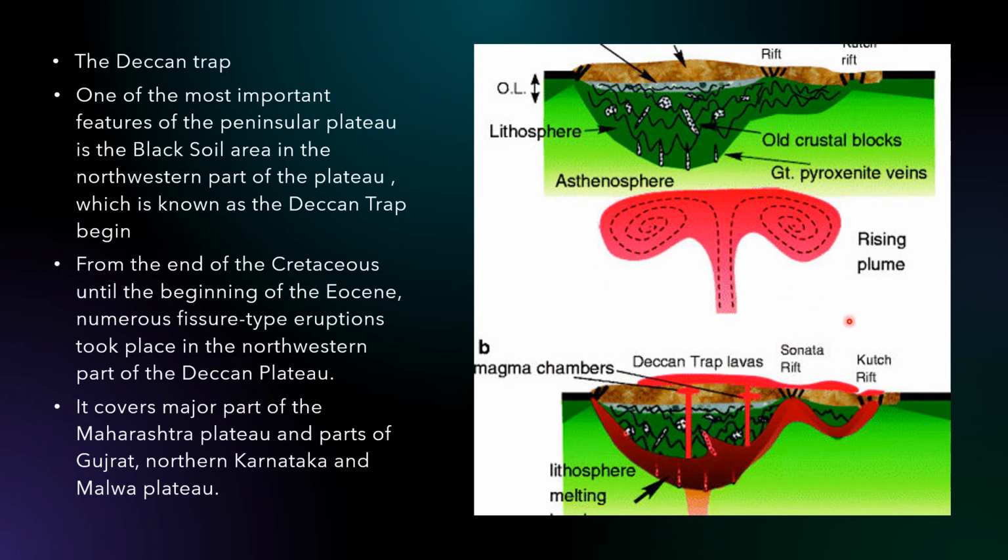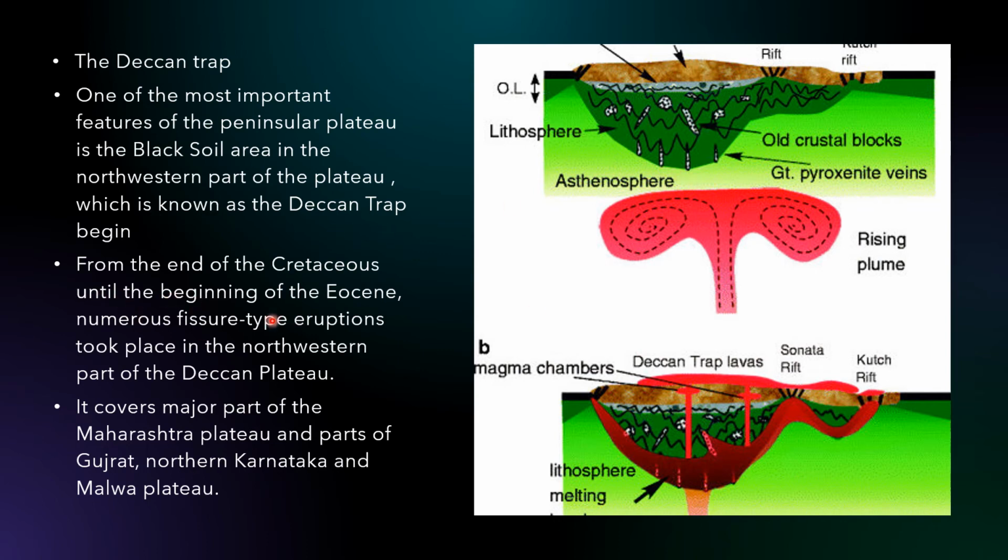We call the entire Deccan Plateau the Deccan Trap because of fissures which allowed the lava to come up and spread on this entire region. Now, the most important feature of the peninsular plateau is the black soil area in the northwestern part of the plateau, which is known as the Deccan Trap.